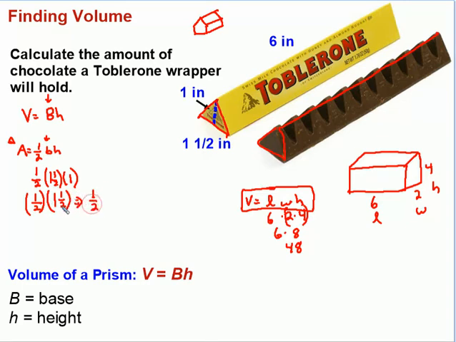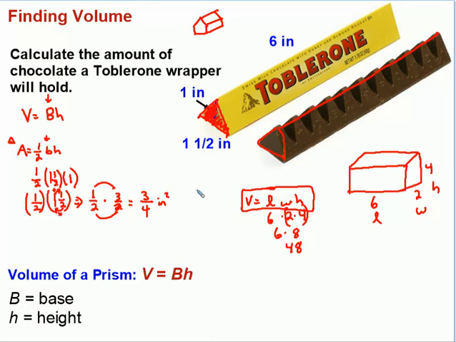That's 1/2 times, and then we'll convert our mixed number to an improper fraction. 2 times 1 is 2, plus 1 is 3 over 2. Then we multiply those together. 1 times 3 is 3. 2 times 2 is 4. Remember, top times top, bottom times bottom. We get 3/4. 3/4 inches squared is the area of this whole triangle.